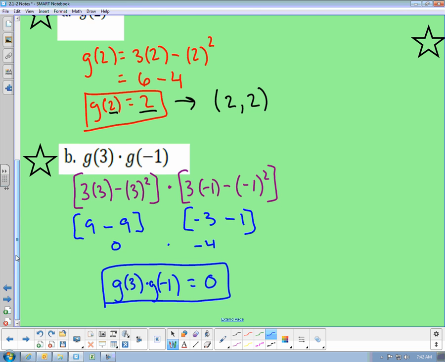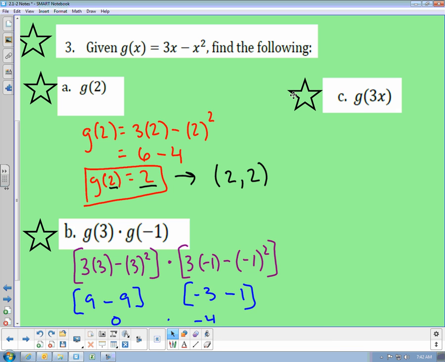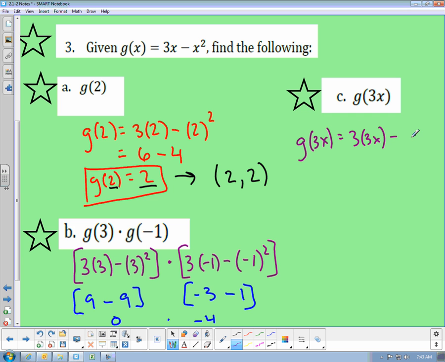And the last one, we want to plug in 3x to g. So we're going to take 3x and plug it in. That means I have g of 3x equals 3 times 3x minus (3x) squared. So we have some x variables that are going to be left in our function, and that's okay. They can stay there.